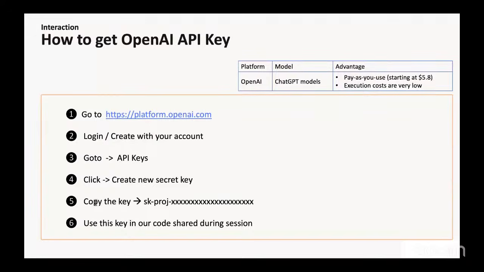So if you are using Gemini, this is going to be the code for Gemini. This is the code you have to copy, starting from variable URL till API key.